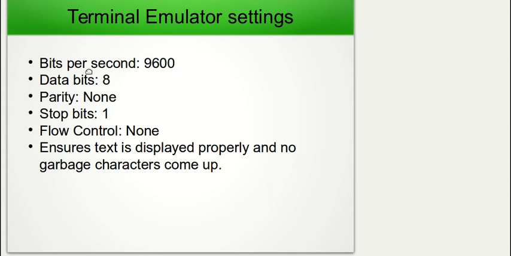So normally bits per second should be set to 9600, data bits should be set to 8, parity should be set to none, stop bits should be set to 1, and flow control should be set to none.